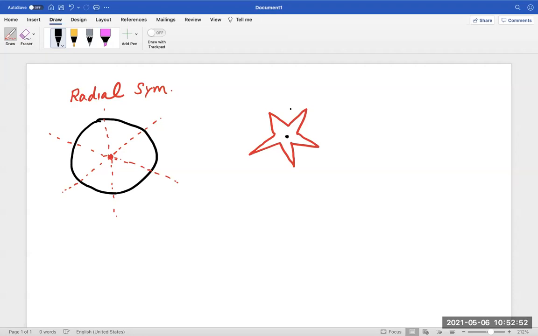Now, if you cut it through the center like this and count what's on each side, you have 2 full arms on this side and a half. Same thing here, you have 2 full and a half. Now, what if you cut it like this? Now you have 3 full arms on one side and 2 full arms on the other side.